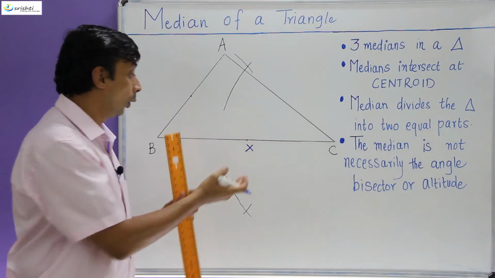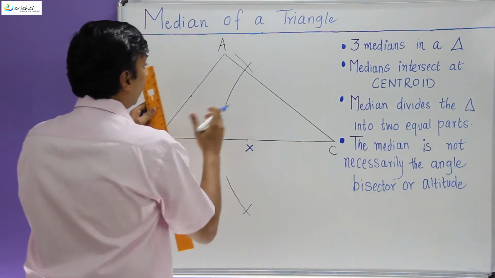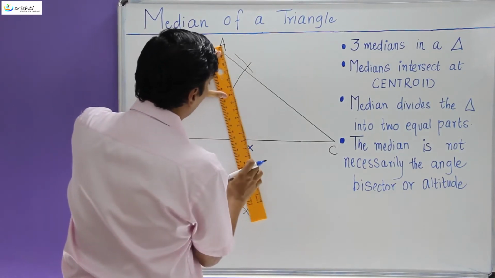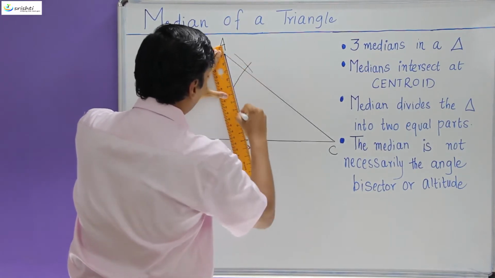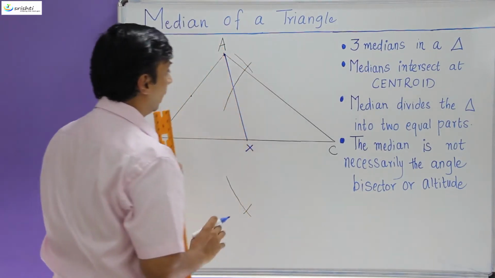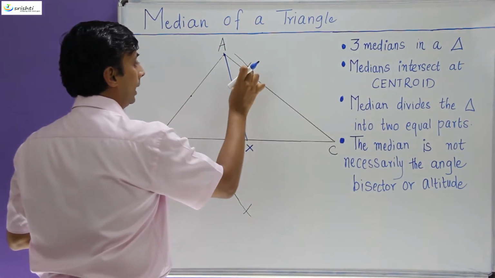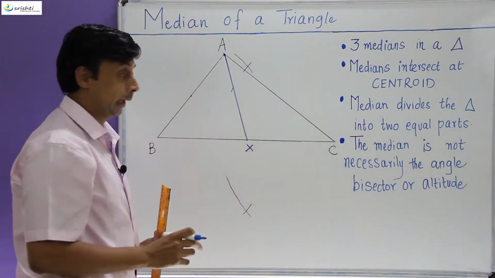So basically we are locating the midpoint using the concept of perpendicular bisector. Now if I join A and X, this particular line segment is called a median. So median is basically a line segment which joins the midpoint of the side of a triangle with its opposite vertex.